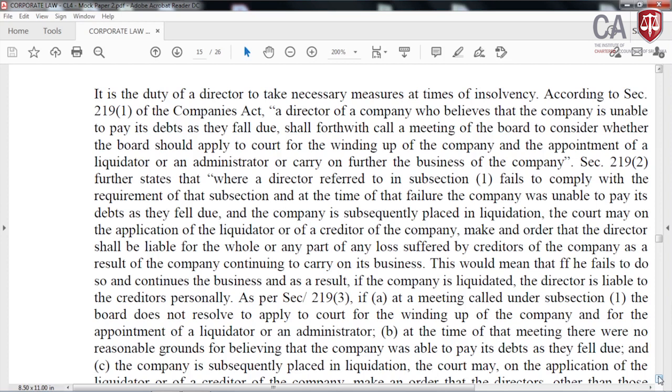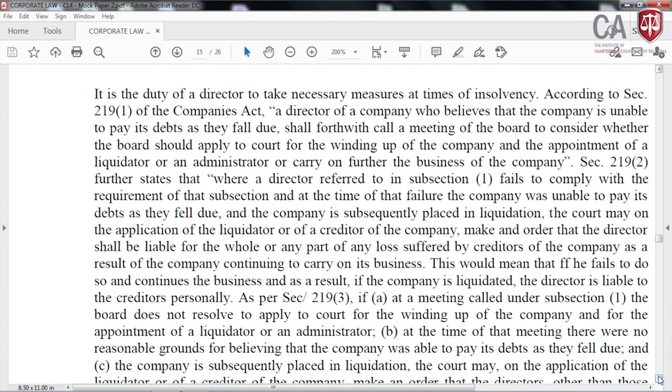According to section 219(1) of the Companies Act, a director of a company who believes that the company is unable to pay its debts as they fall due shall forthwith call a meeting of the board to consider whether the board should apply to court for the winding up of the company and the appointment of a liquidator or an administrator, or carry on further business of the company. So, this is where they come into that determination.